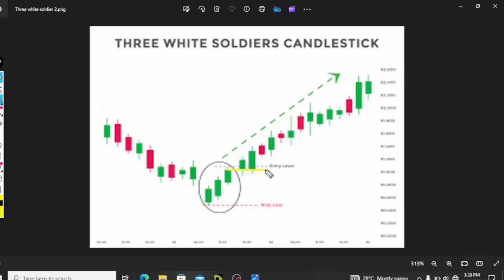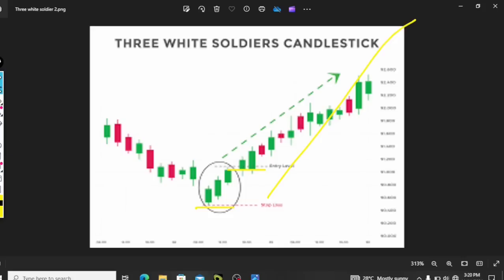It shows that you could have made a massive gain. Probably you could have placed your stop loss here below the three white soldiers, and that could have been boom, massive gain all the way to the upside. All right, so whenever you see three white soldiers, it's time to buy, and you should buy heavily without any fear of failure.